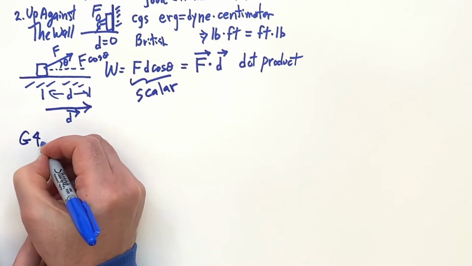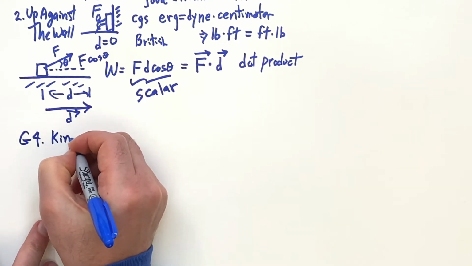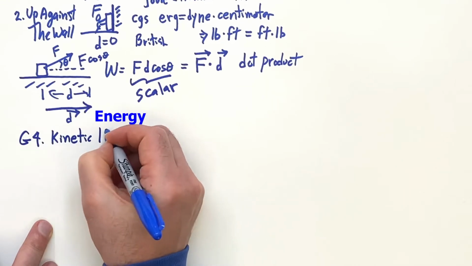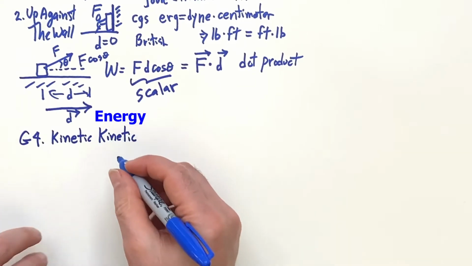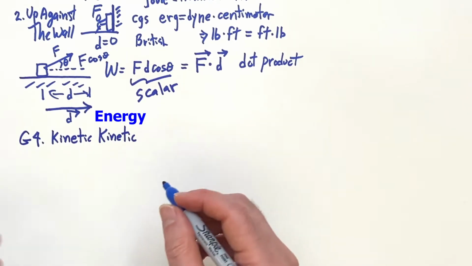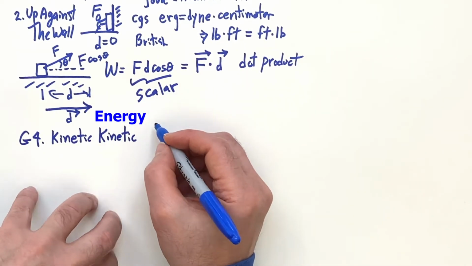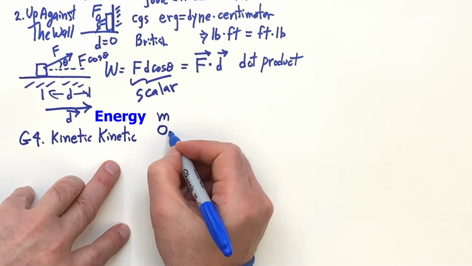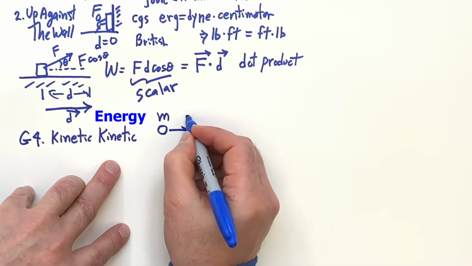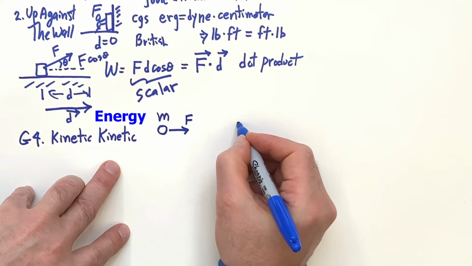G for kinetic energy. So now what we're going to do is go to outer space where there's no friction and there's just going to be one force that we apply to a mass, and then it will accelerate.